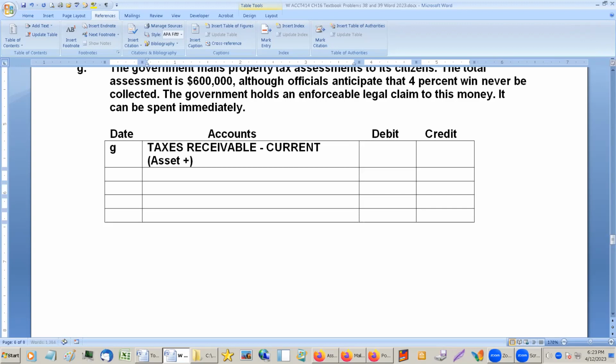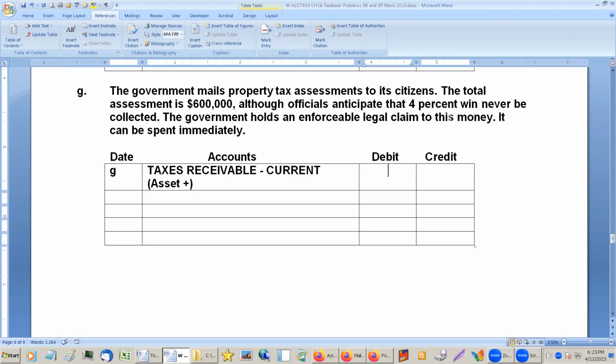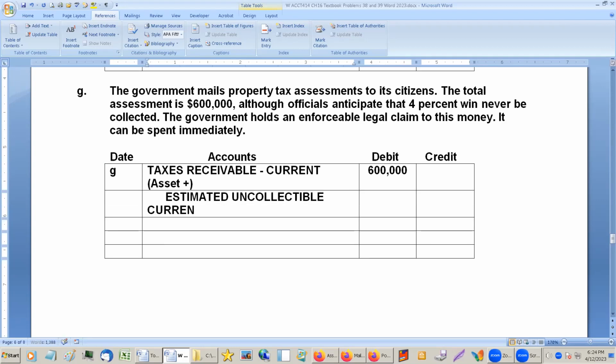All right, so that's 600,000. What is that, 600,000 at 4%, was that 24,000?